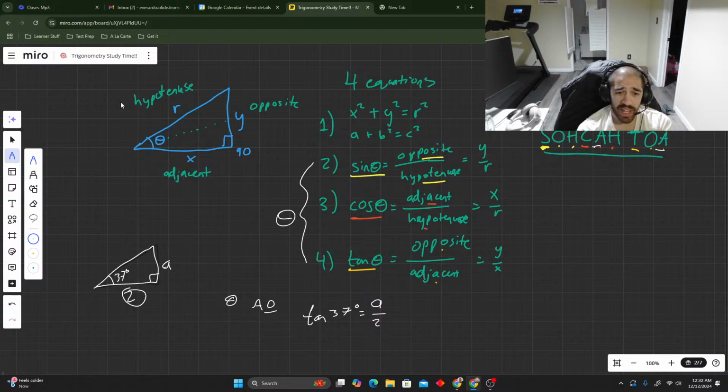So now you do some math to solve for A. You can multiply both sides by 2. A over 2 times 2 is A, and that's equal to 2 times tangent 37 degrees. Okay? And so you plug this into your calculator, and you'll get a value.